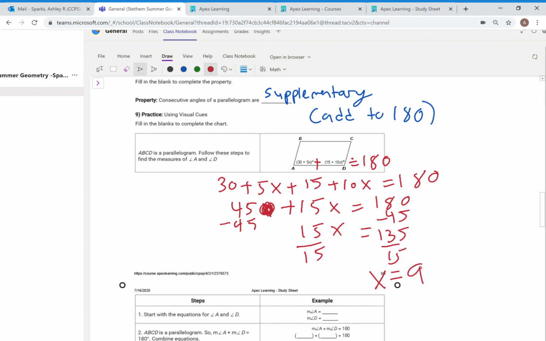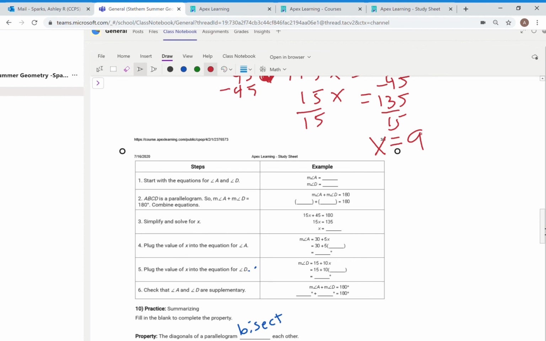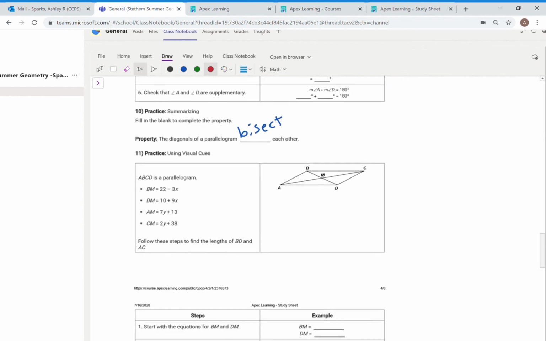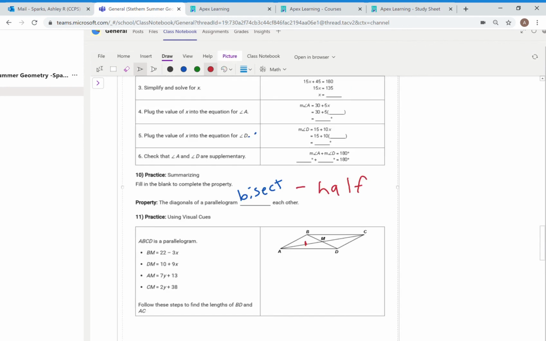Okay. Finally, again, they just solve it out a little differently, but it's the same steps. The last thing I know is that the diagonals bisect, or half, each other. So I know that this AM should be the same size as MC.